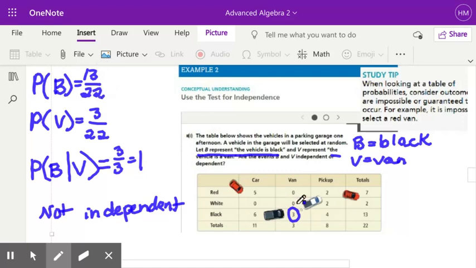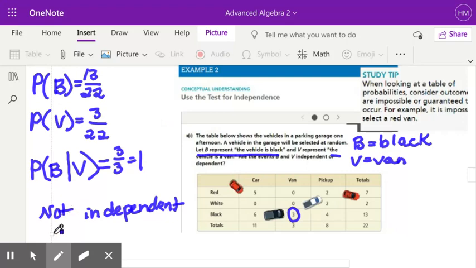Then in each subgroup, there should be an equal proportion of black vehicles. There would be 13 out of 22 black cars, 13 out of 22 black vans, 13 out of 22 black pickups. Then we would say that those events would be independent. But here they're not, because if I know it's a van, then I automatically know it's going to be black because all the vans are black.